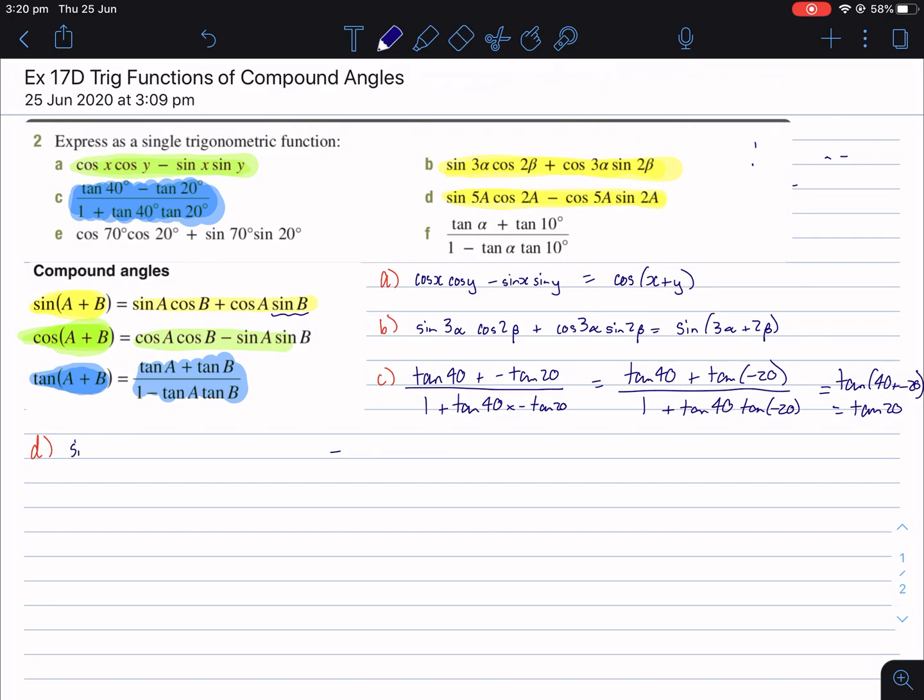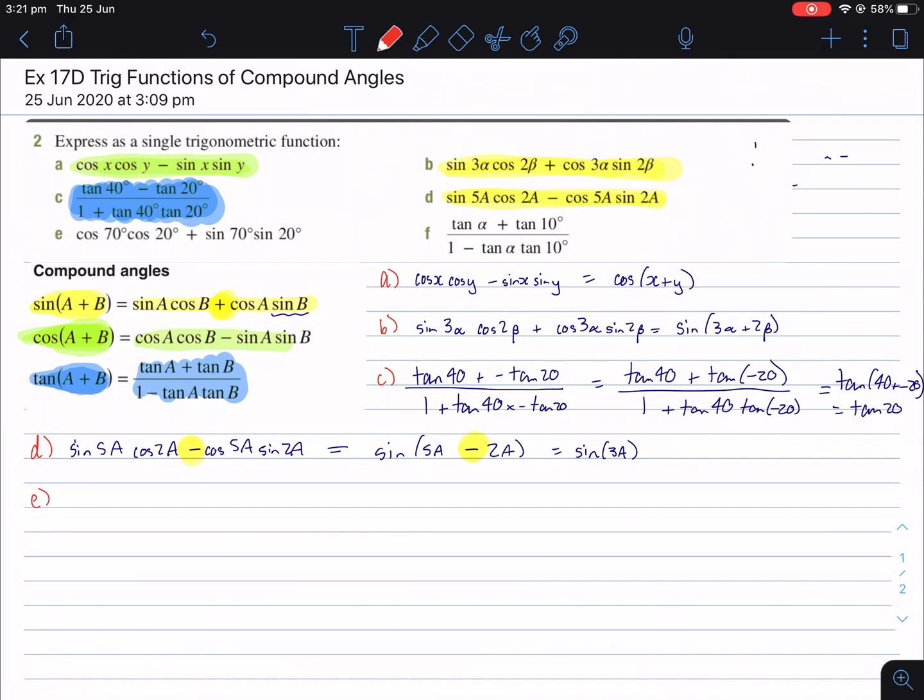So we've got sine 5a cos 2a take cos 5a sine 2a. It just means it's sine 5a take 2a. So the fact that this is a minus is because this was a minus instead of a plus, which means it's sine 3a, because 5a take 2a is 3a.